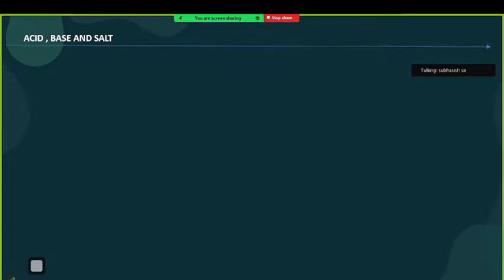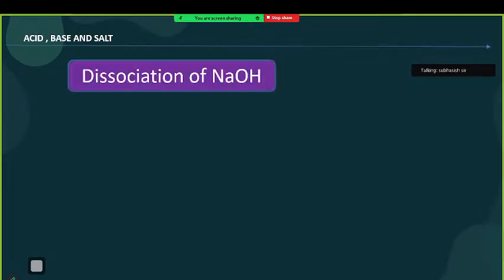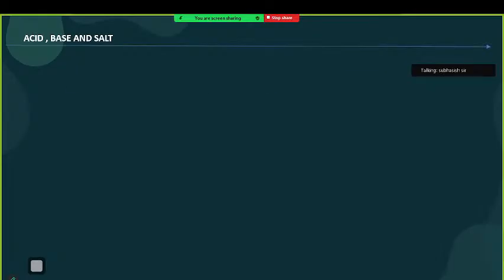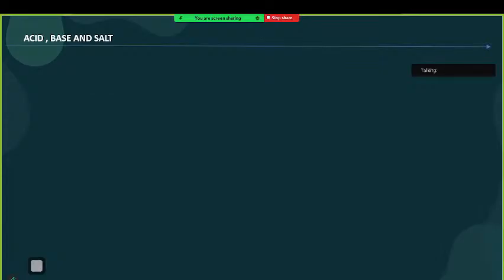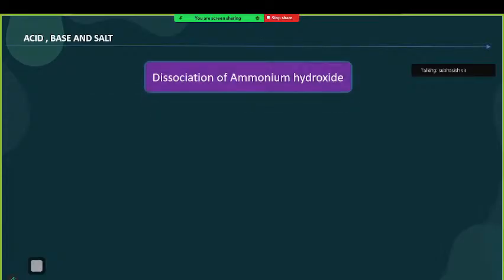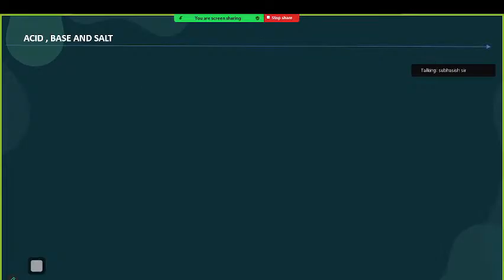Sodium hydroxide dissociates into Na plus and OH minus. Potassium hydroxide dissociates into K plus and OH minus. These are monoacidic because only one OH minus is produced per molecule. Ammonium hydroxide is also a monoacidic base because one ammonium hydroxide gives one OH minus.